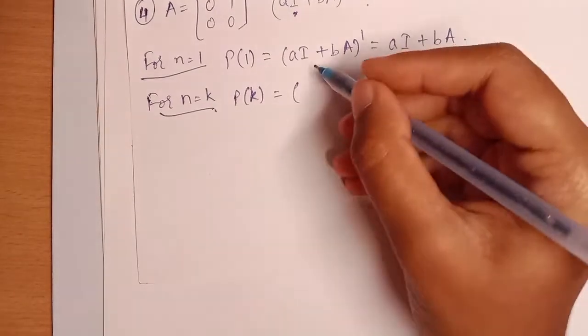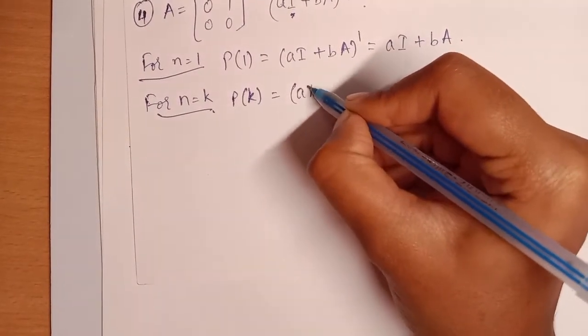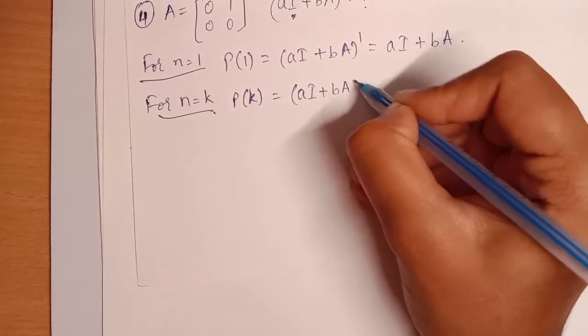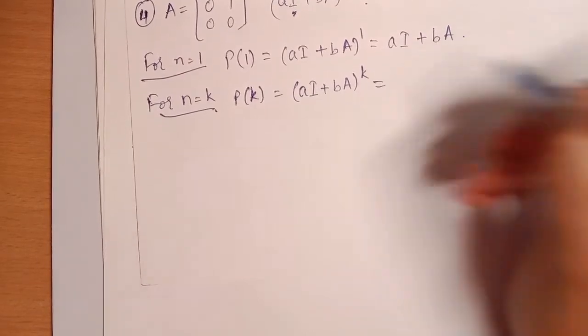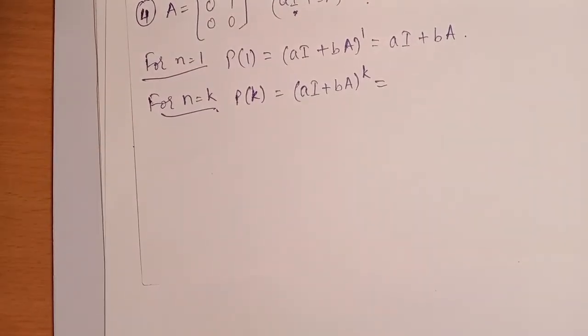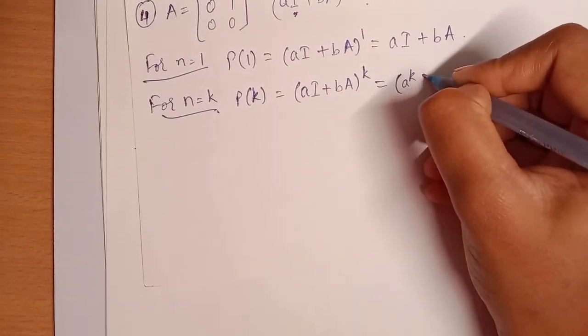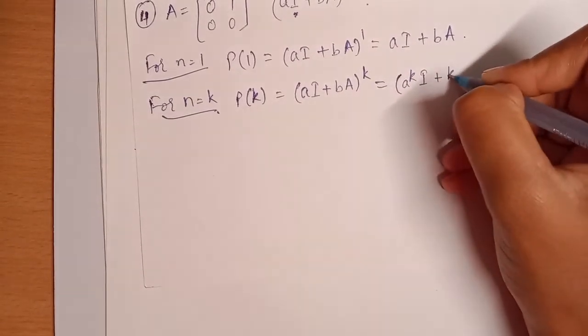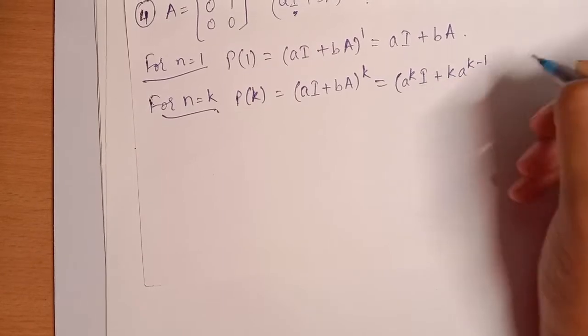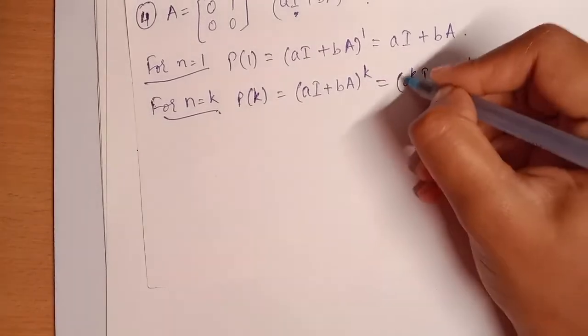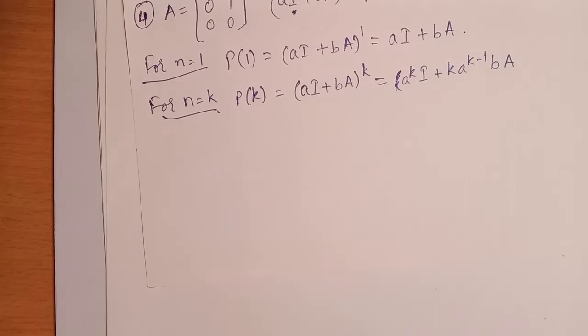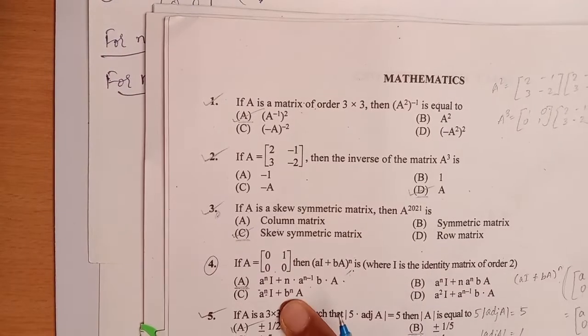So P of k is equal to (A into I plus B into A) whole to the power k, which is equal to A to the power k into I plus k A to the power k minus 1 BA. This is what we'll get. See, we have used the formula here.